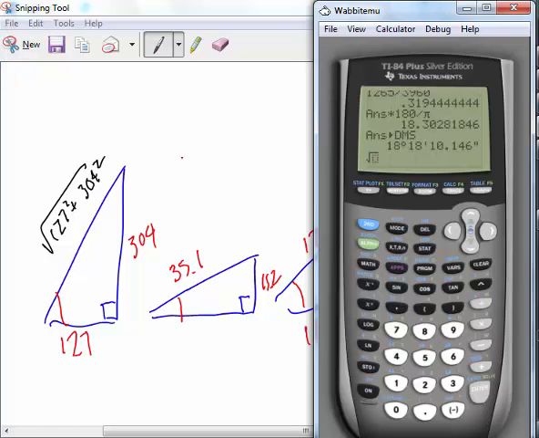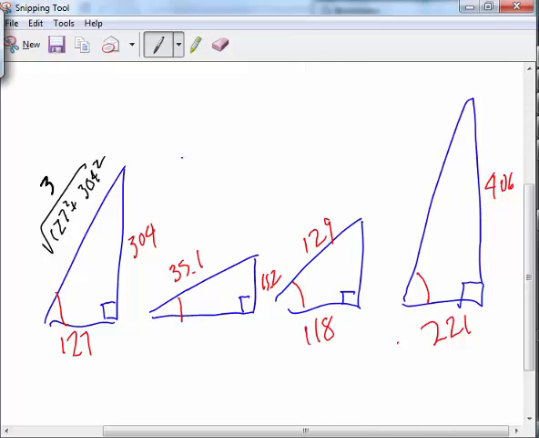Let's see, square root key, 127 squared plus 304 squared is 329. So this side is 329 to 3 sig digs.